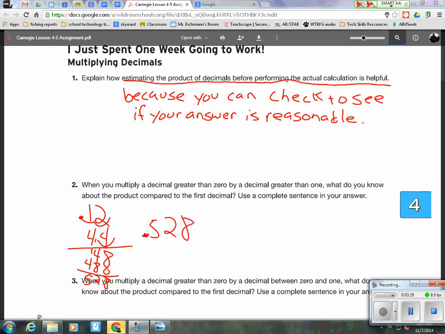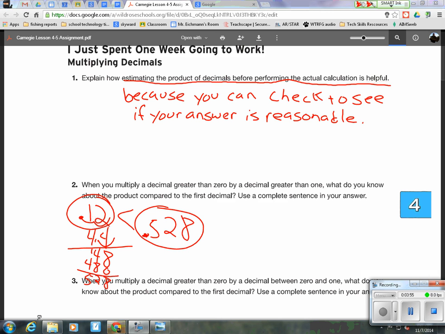Okay. So then it asks, what do you know about the product, meaning this, compared to the first decimal, this? What can you tell me? Compare those two. Which one's bigger? The product.